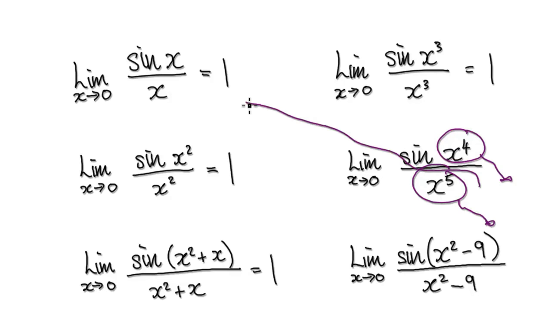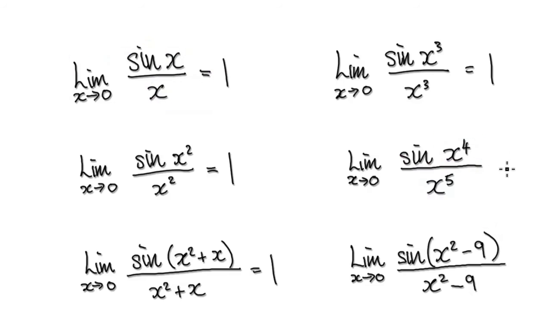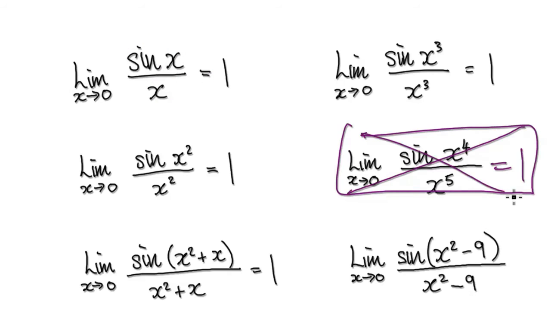So we had a proof. We proved that whenever these two head towards 0 and are on par with each other, then you can conclude that it does equal 1. But here they're not on par with each other as they're heading towards 0. So we can't conclude that this equals 1. We just can't conclude this.